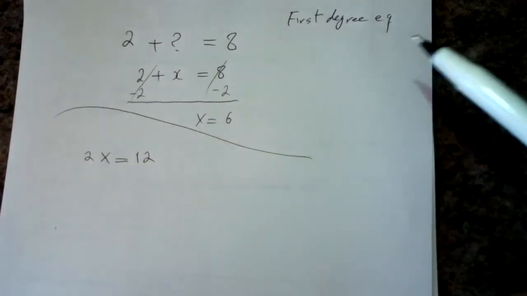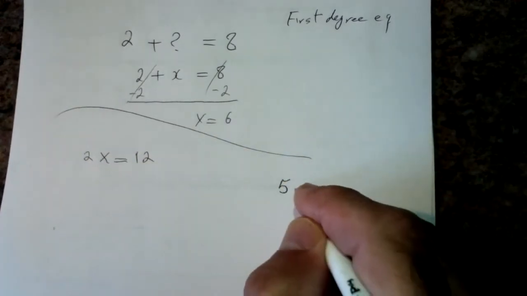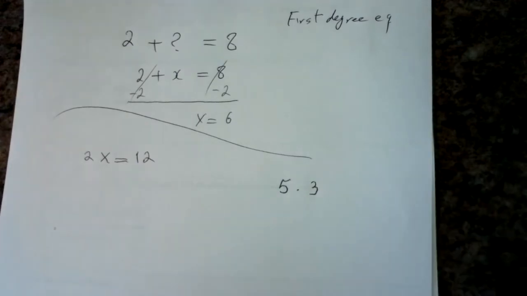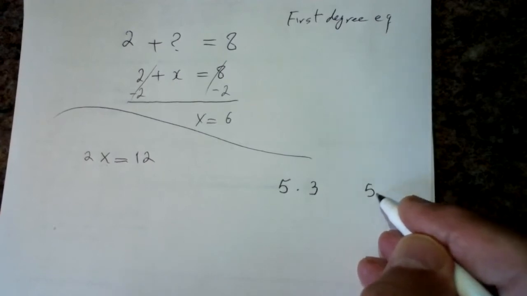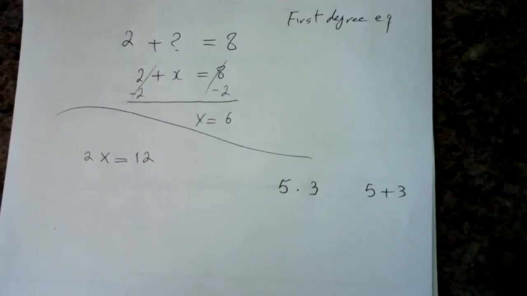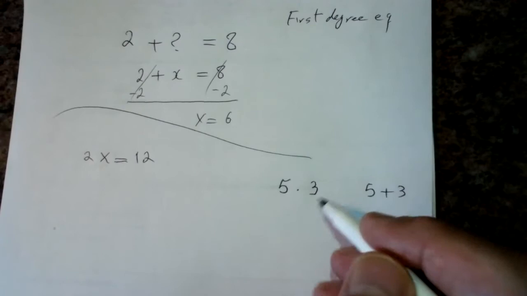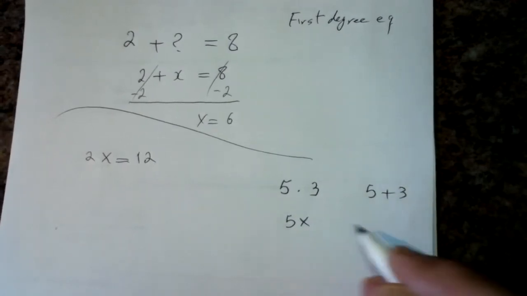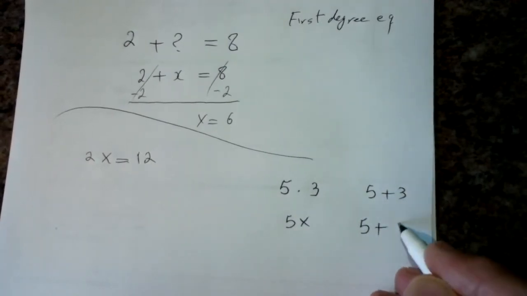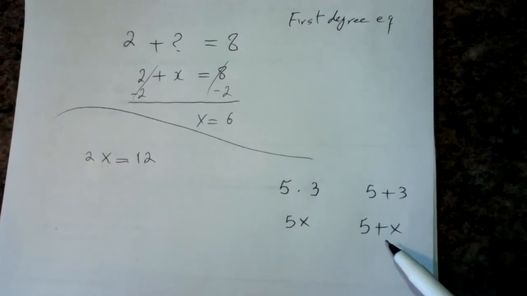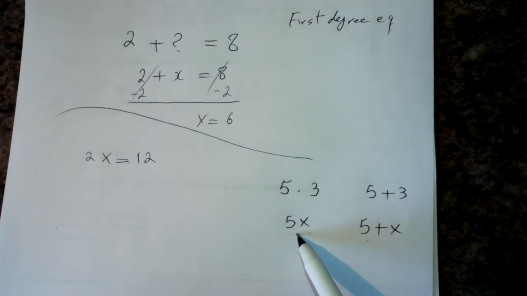Like if I want to show 5 times 3, it's 5 times 3, or 5 plus 3, right? So if 3 is the x, then it's 5x and 5 plus x. What's the difference between these two? This one means you're adding, this is you're multiplying. Normally we don't have to put the multiplication sign when you are dealing with the letters.